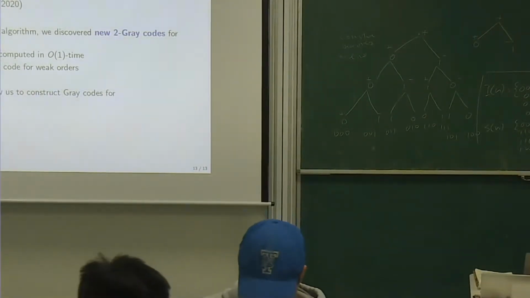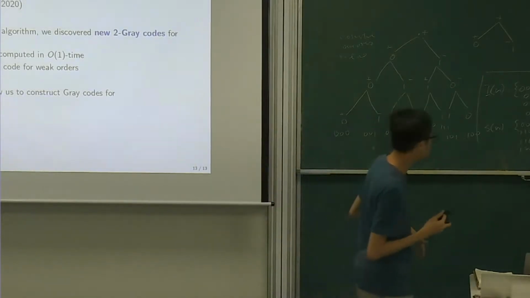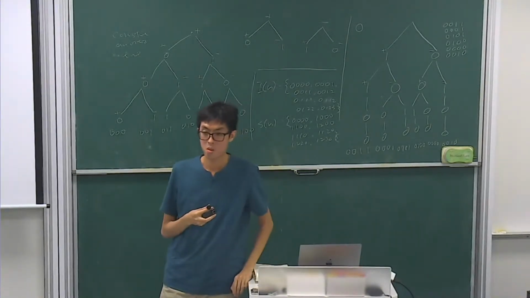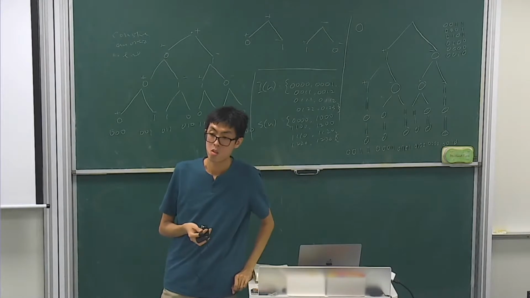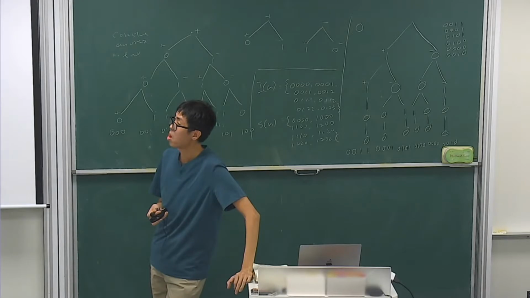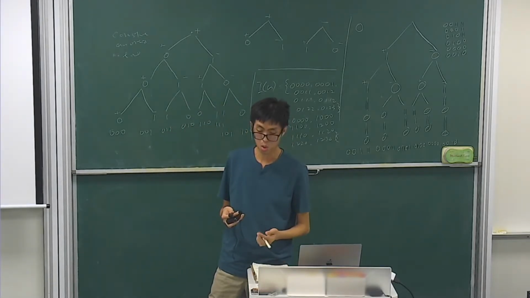Any questions? I have a question. Is the number of universal cycles for weak orders known, at least asymptotically? I think it's not known yet.